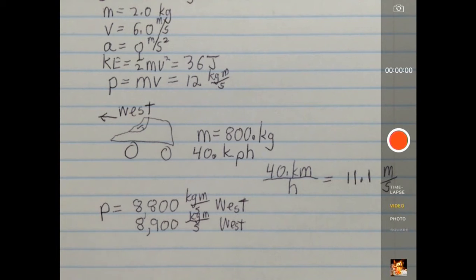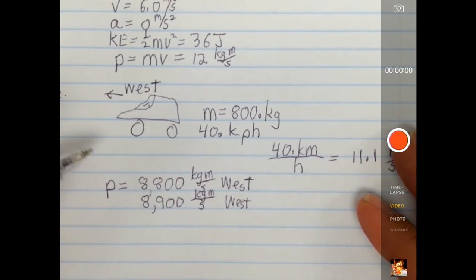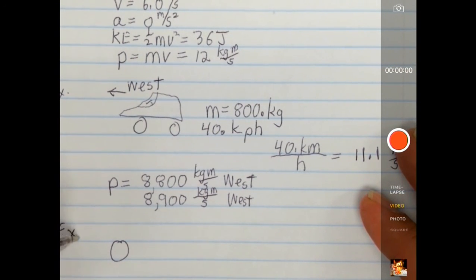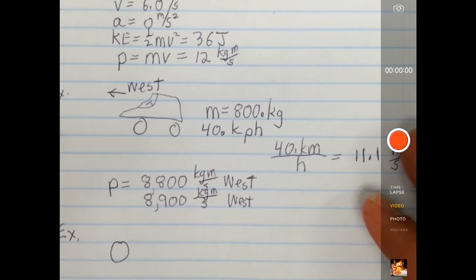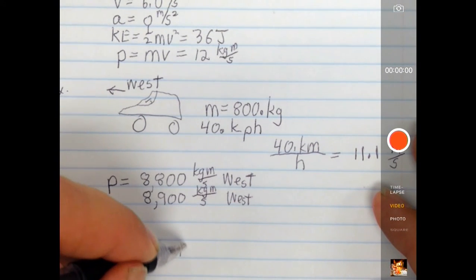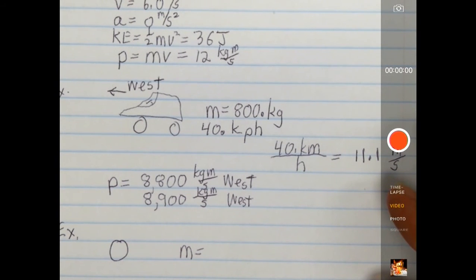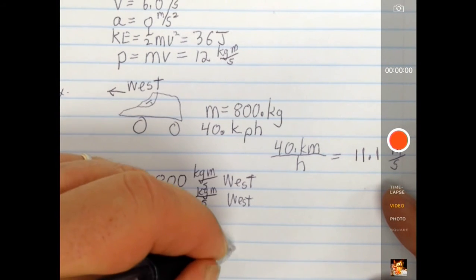Okay, we made it through the first page of my notes from the other day. What if I have a ball? So here's another example. And I let this ball fall. Oh man, the mass of this ball, I guess, is 4.0 kilograms.